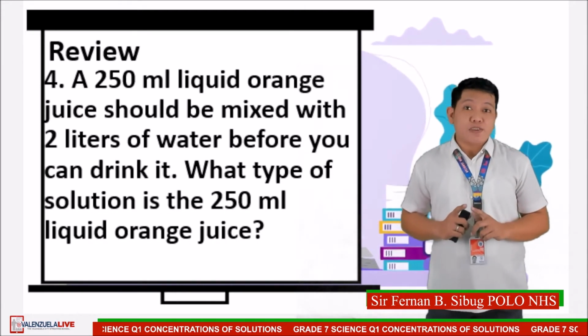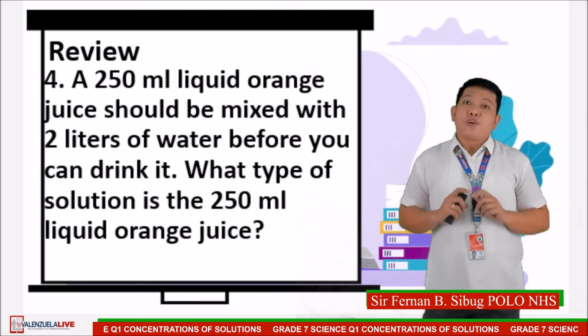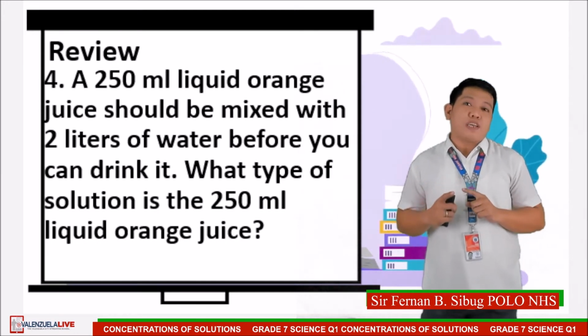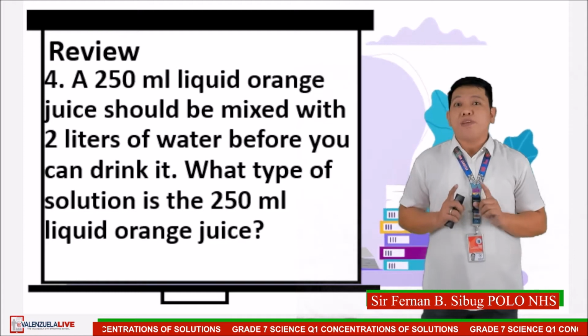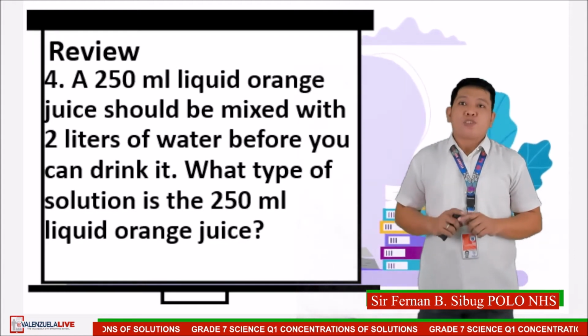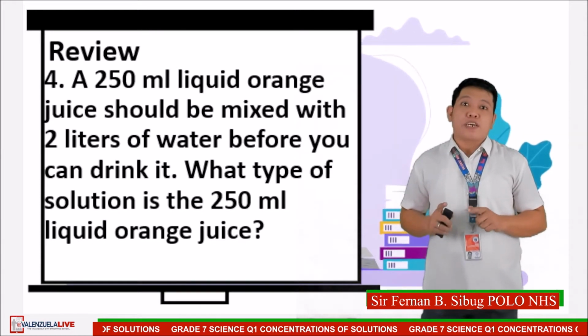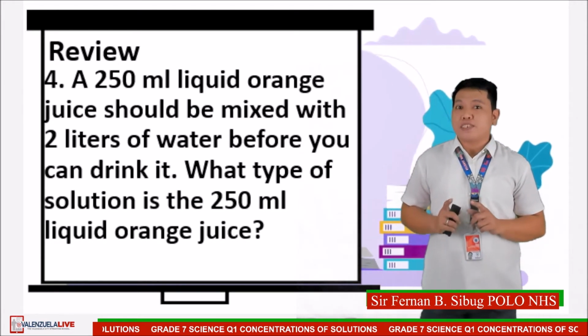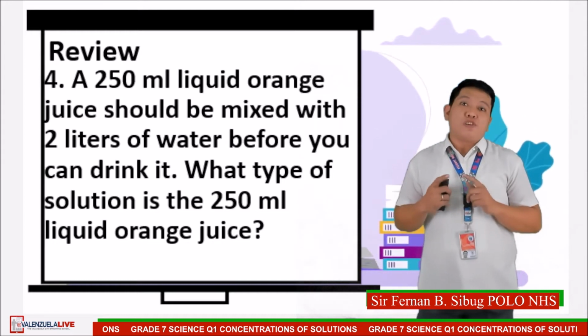Okay, the correct answer is concentrated. For this question, we are only referring to the 250 milliliter liquid orange juice. But when you add 2 liters of water, it will become diluted. And the process is what we call dilution.